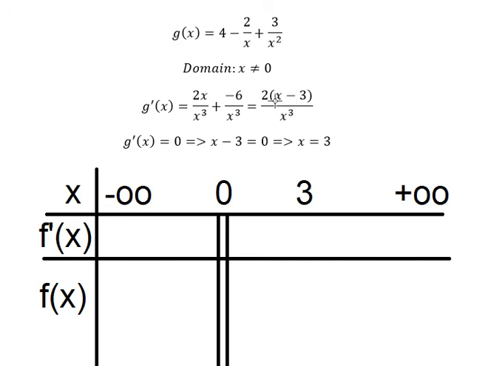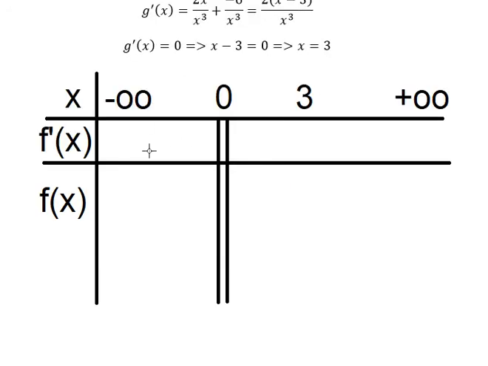We have negative 1 minus 3, you get negative 4. Negative 4 divided by negative 1, so this interval you get positive.